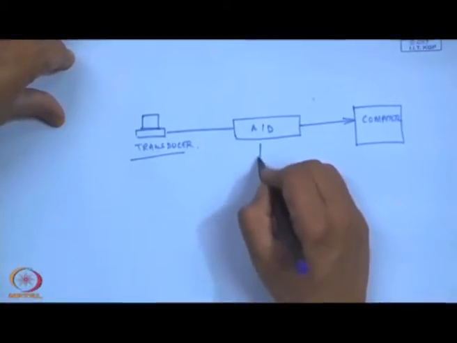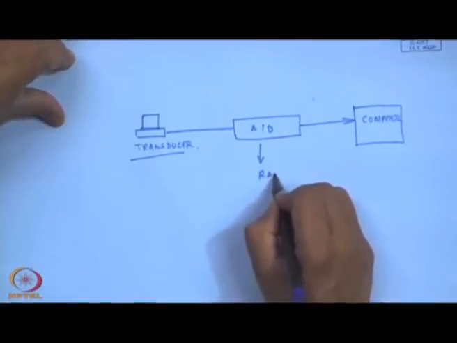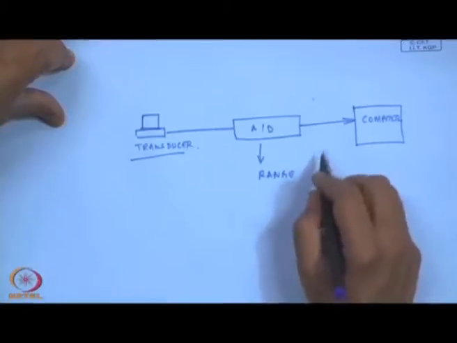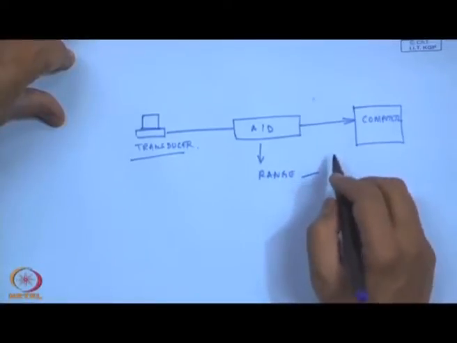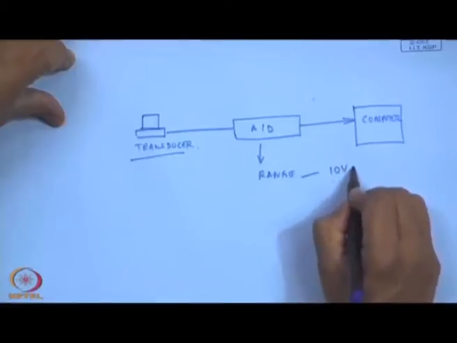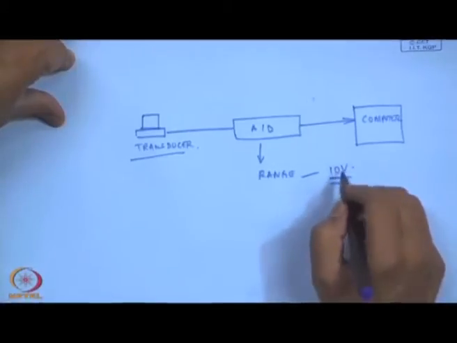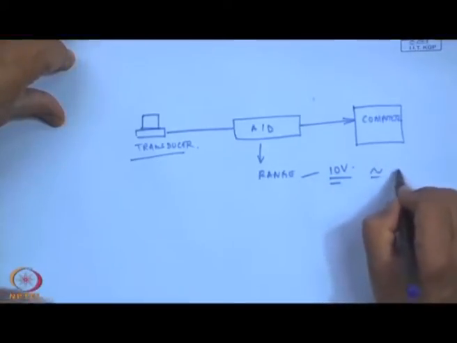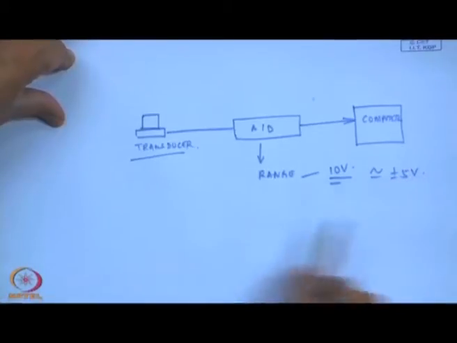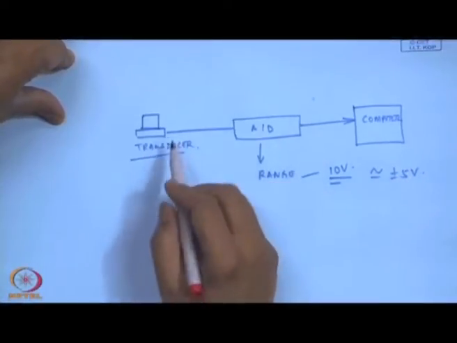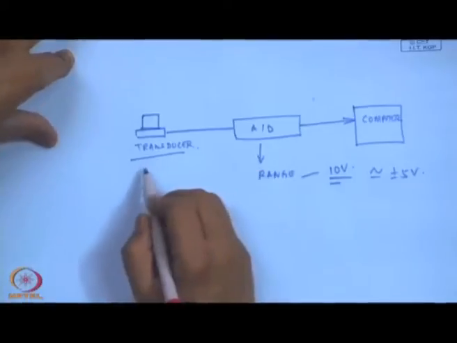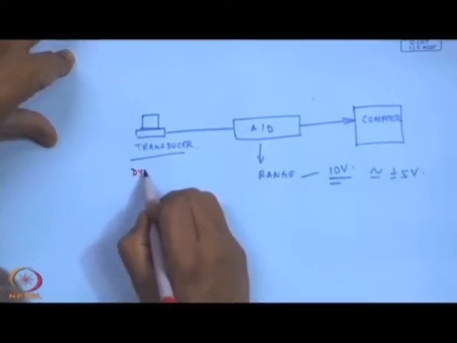There is a range of this A to D system, and this could be maybe 10 volts, the maximum range you can have, or plus minus 5 volts. But what happens if these transducers are of very wide dynamic range?